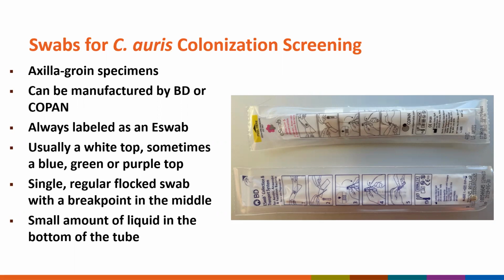And so many public health labs doing C. auris colonization screening have had to use e-swabs by many different manufacturers. And so that's why you won't always see the same type of e-swab. So sometimes it has a white top, sometimes it has a blue top or a green top or a purple top. And it's a single flocked swab with a breakpoint in the middle. And there is a small amount of liquid in the bottom of the tube. And it is very important that that liquid stays in the tube. So next slide, please.